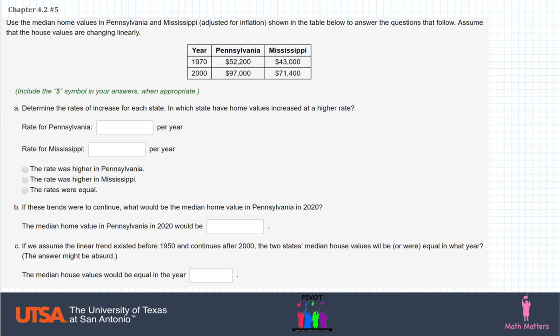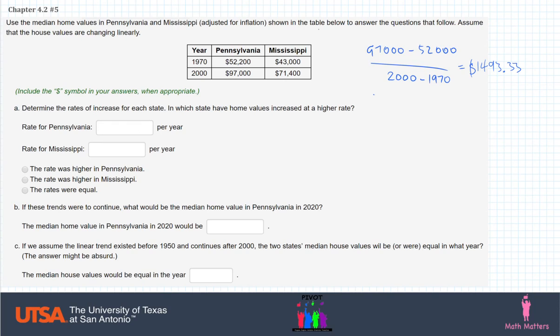So the first thing we're going to do is 97,000 minus 52,000 over 2,000 minus 1970. And the answer you get for that should be $1,493.33.